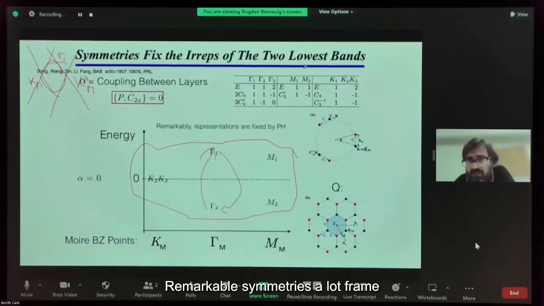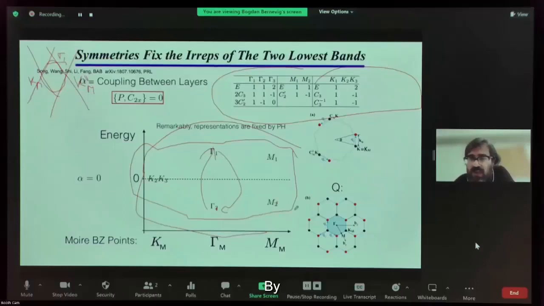These are crystallographic representations, the characters under the symmetry. These things will stay like this. I cannot have gamma 1, gamma 1. This is a symmetry argument for any small angle, whether you're at 1.5, 2, or 0.9. The representation is really the same.